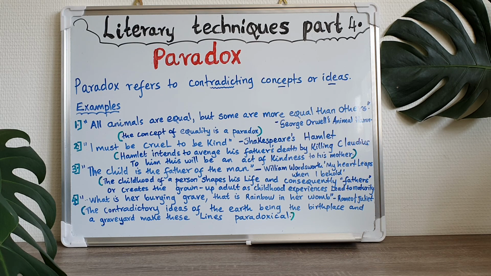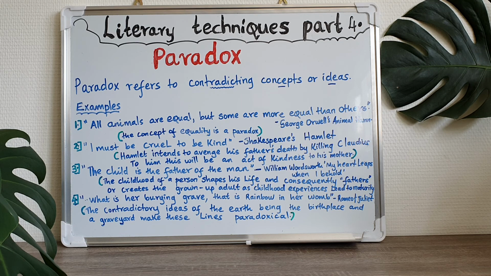Okay? Now, I hope that you found this lesson useful. I hope you now understand what paradox is. I hope you understand the difference between a paradox and oxymoron. If you watched the previous video on oxymorons, then you know that we said that an oxymoron is where you have words that are opposite in meaning being placed side by side.